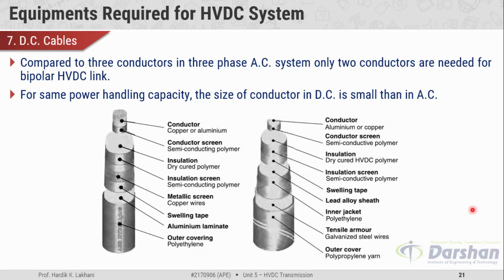And for a unipolar HVDC link, only one conductor is required. But in the case of a homopolar system, we may need two or more conductors to transfer the power from one location to another in HVDC. For the same power handling capacity, if I compare the AC cable and the DC cable, the size of the conductor in DC is smaller than in AC.